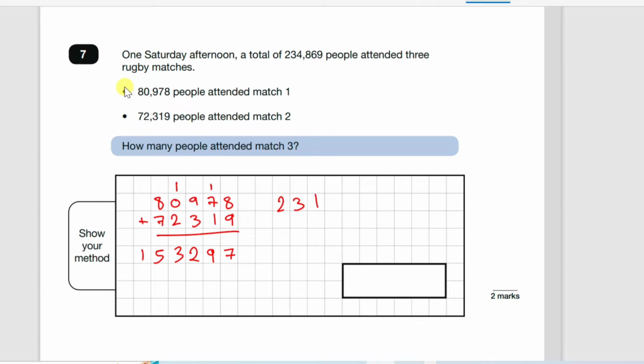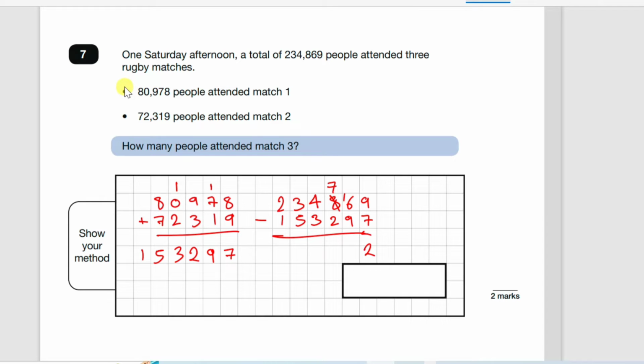2, 3, 4. So always take care when you write the numbers, yeah? 8, 6, 9. It's always good to double check. Let's see. 1, 5, 3, 2, 9, 7. So here we're going to subtract now. So we've got 9 take away 7 is 2. 6 take away 9 can't do, so borrow from 8 becomes 7.